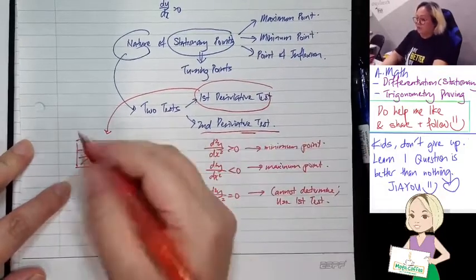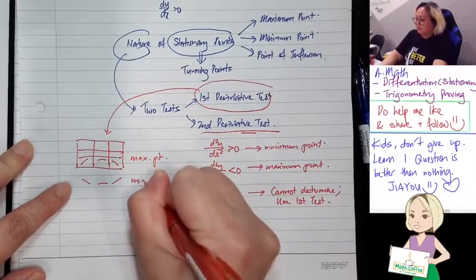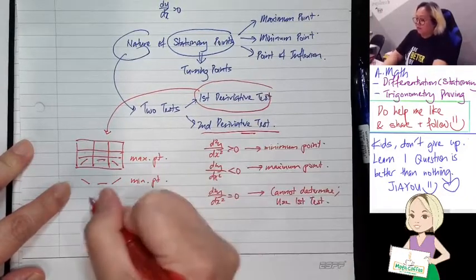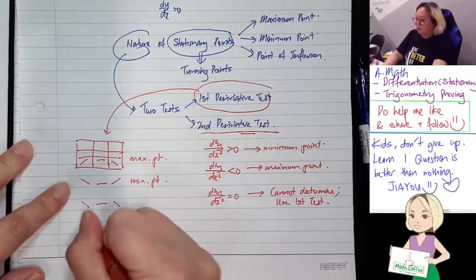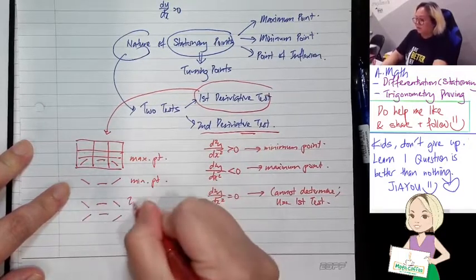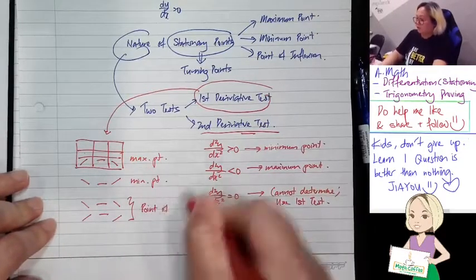If you get this, it is a minimum point. If you get this or this, these two conditions are points of inflection.